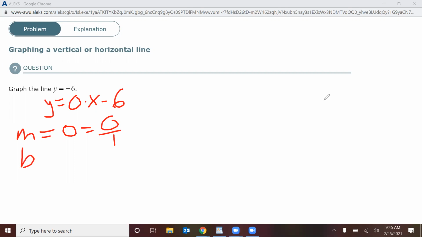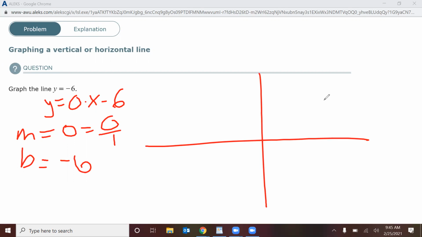And the y-intercept is -6. So the y-intercept is -6 right there. And the slope is 0, meaning we rise 0 and then we run 1. And so we get a perfectly horizontal line.